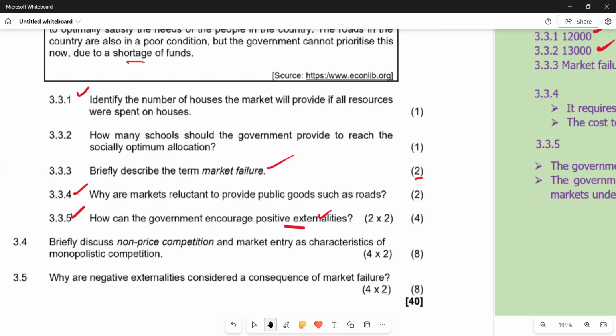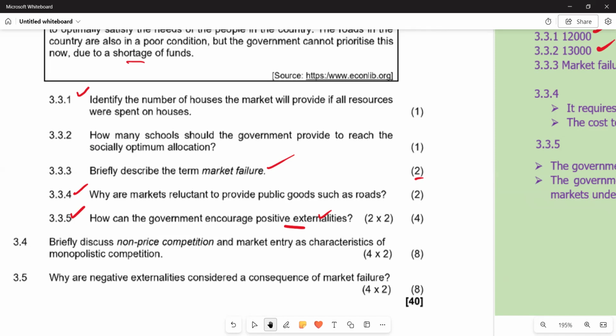To define it, this is a benefit received or transferred to a party as an indirect effect of the transactions of another person. For example, a business makes another party better off but does not receive any compensation for doing so. In this case, we say there is a positive externality.